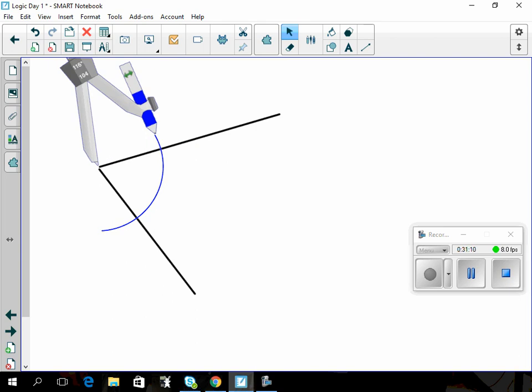So we should all be doing as I'm doing it. Just make a single arc across both, all the way around, just like I did. So you want your picture to look like mine.